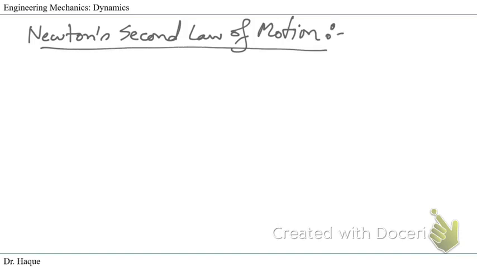So basically, what Newton's second law of motion says is that if there is an external force acting on a body, on a particle, of course the force is not balanced, and that we did on statics, where the summation of all force is zero. This is not the case, there is unbalanced force acting on a body. The force will cause an acceleration of that body, and the acceleration is proportional.